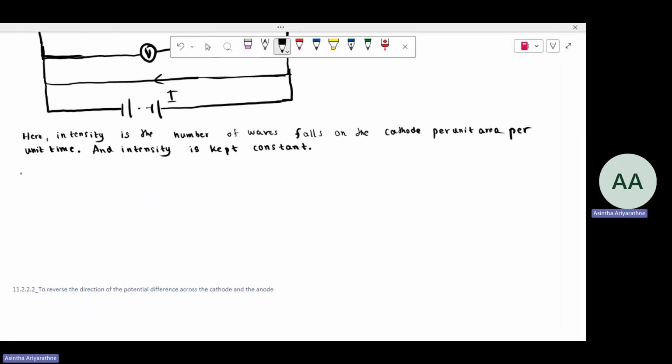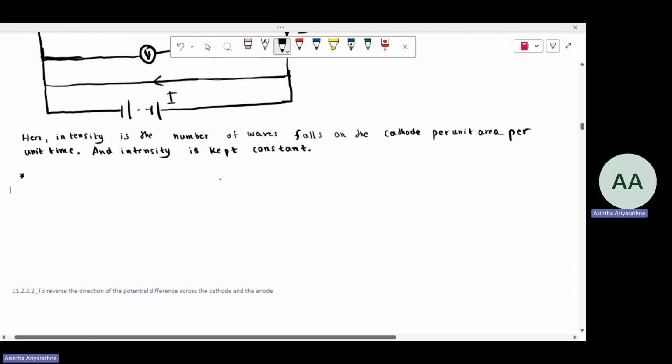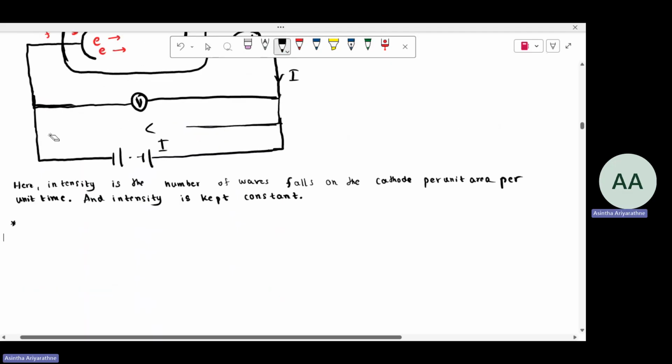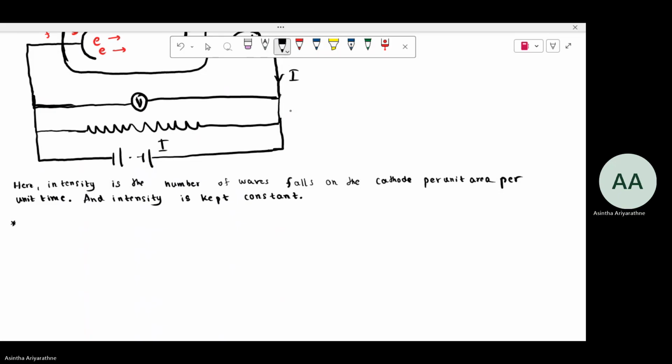When the intensity is kept constant and the potential is varied, we can change the potential using a variable voltage source, a resistor, and a sliding key.